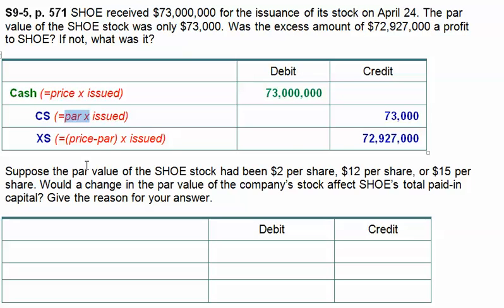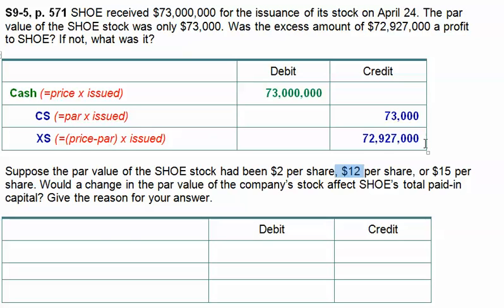on par. So if you look at this, if it were $2, then $2 would go in here, and whatever the amount was that you got in excess would go in this account. If it were $12, we would have more, the par would be greater, and the price, by the way, you have to sell your stock at a minimum of par, so you can't have a debit excess account.